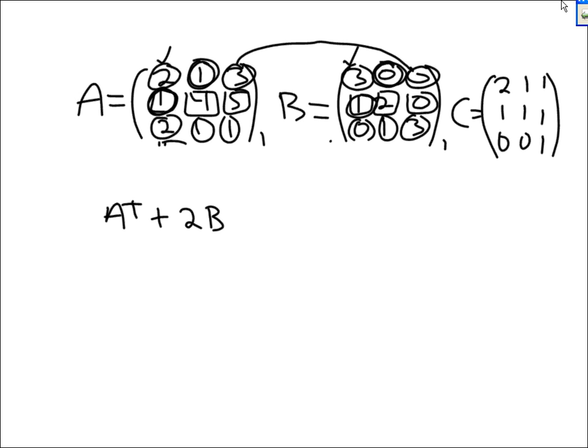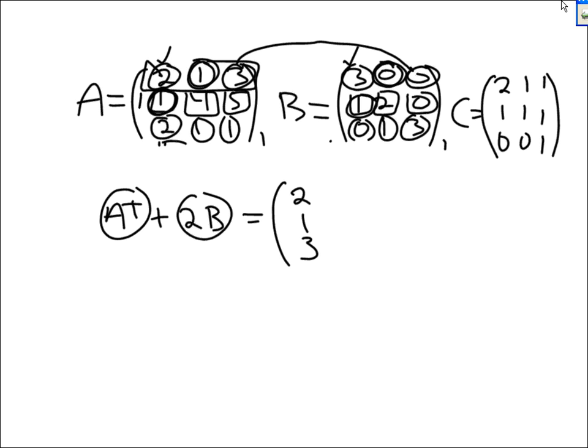Before you can add two matrices or two numbers, you have to know what you're adding. First, we have to know what A transpose is. So, I take the first row, 2, 1, 3, and I write it as the first column. I take the second row, 1, 4, 5, second column. The third row is 2, 1, 1.